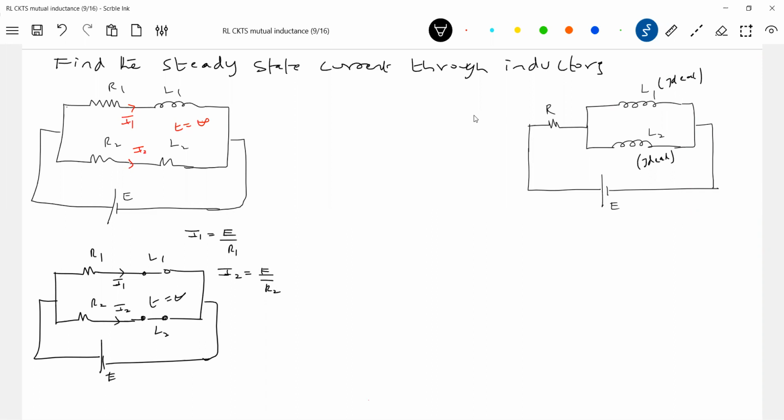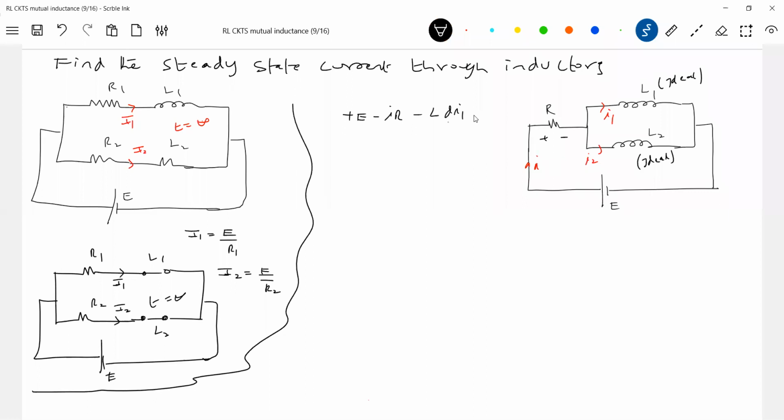Let's write the current at any time t. Let's write some equations and see what we get. Let the current here be I. Then I'll write the loop equation: plus E minus IR minus L1 di1 by dt equal to 0.